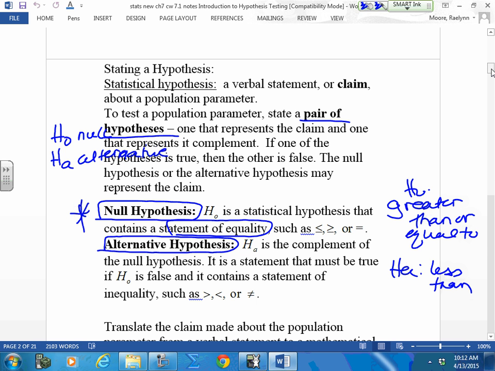And we can't put less than or equal to because the alternative one does not have the equal sign in it. So these are complete opposite pairs of hypotheses. Therefore, if one is true, if it's greater than or equal to, it cannot be less than. If it is less than, then it cannot be greater than or equal to. So one of those pairs is what we're looking to prove true or false.